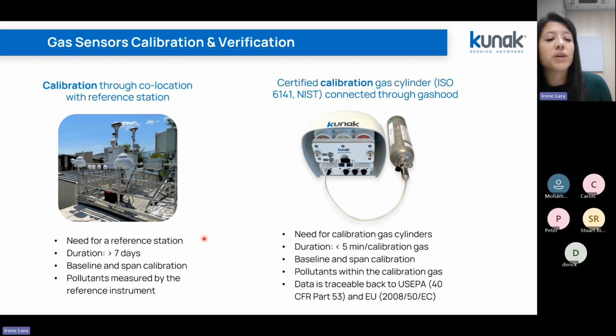The duration should be at least 7 days in order to have different concentrations and conditions. We can perform baseline as well as span calibration, and then we can calibrate as many gas sensors as pollutants are measured by the reference instrument in the station.